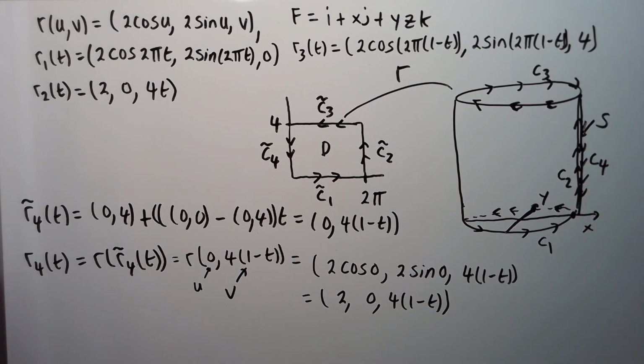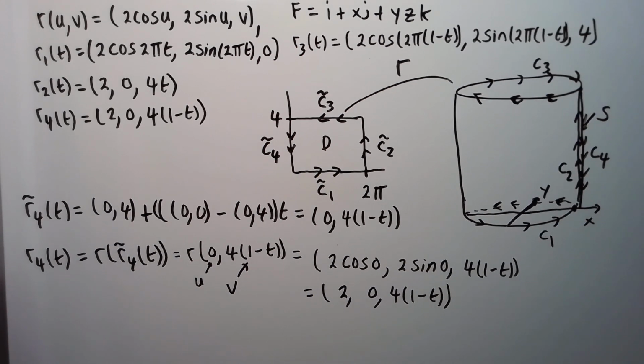Okay, so let me erase some things now. Oh, well, before I erase things, let me just mention, you might say, well, the one down here is going in the opposite orientation of the one up here. Will they cancel? And the answer is no, because they're in different locations. See, this one's going up and one's coming down over the same curve.